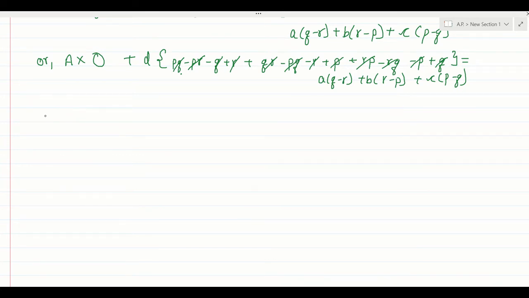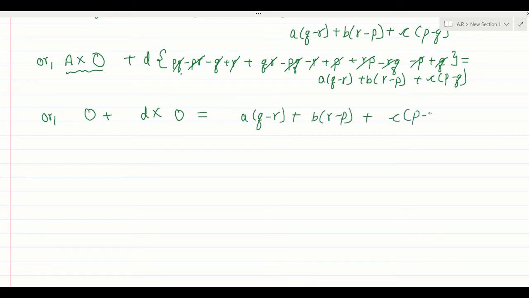So ultimately, this a into 0 is 0 plus d into, from the bracket we are getting 0, equal to the right hand side a(q − r) + b(r − p) + c(p − q) as it is copied. So ultimately in the left hand side what are we getting? We are getting 0 plus 0.